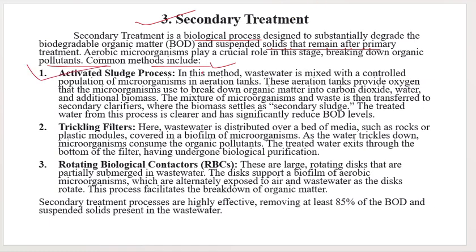In this method, wastewater is mixed with a controlled population of microorganisms in an aerated tank. The wastewater flows into this tank after primary treatment, and microorganisms are added to this water. The aerated tank is provided with oxygen along with the microorganisms, so that they can use the oxygen to break down the pollutants present in the tank.